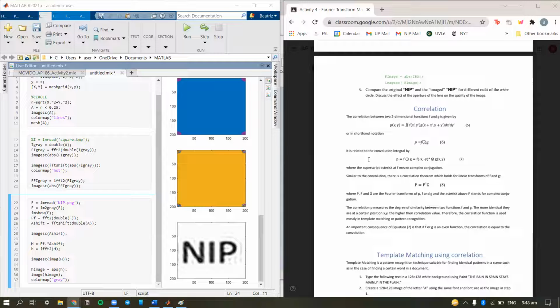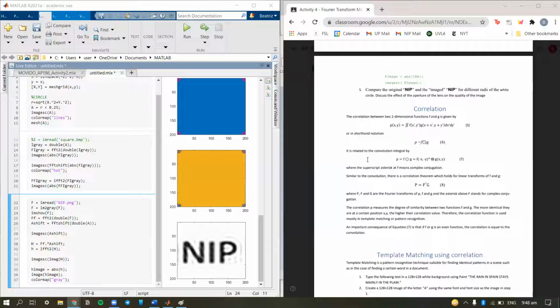Dahil dun sa plus sign niya sa equation 5, magiging F conjugate times G. Hindi lang yung kanina sa convolution, F times G. Ito, i-conjugate mo muna yung F bago mo i-multiply sa G. Capital G, no? At iyon yung magiging correlation image. Get you, ah? Alright?